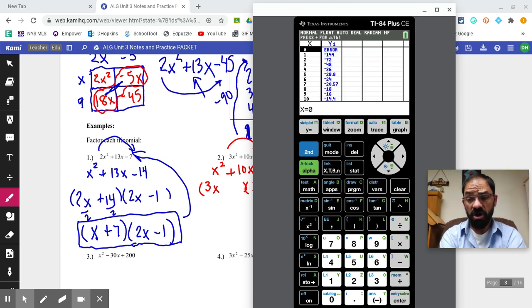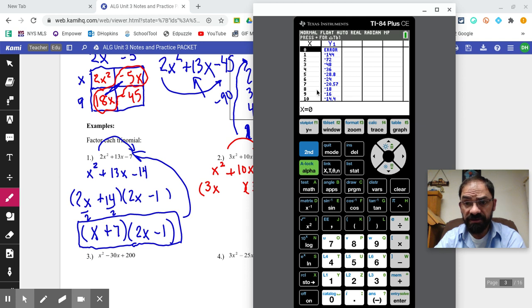So this will list all the factors of 144. If I go through this list, I'm going to mentally see if these two add to get 10. No. 2 and 72? No. 3 and 48? No. 4 and 36? I still can't come up with 10. Let's just scroll down here.